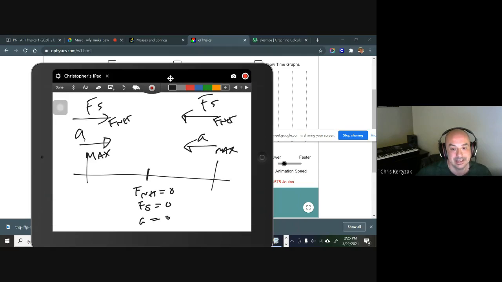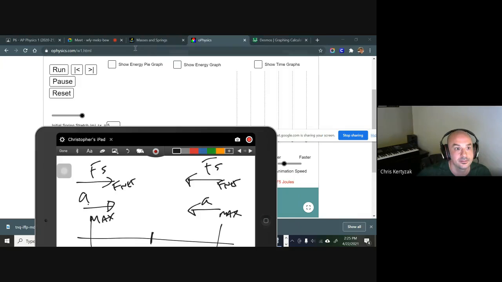So that means we need a function that gives us maximums for acceleration when the position is also maximum. Well, why don't we just use the same function that we had before? We go back to, where's my Desmos?